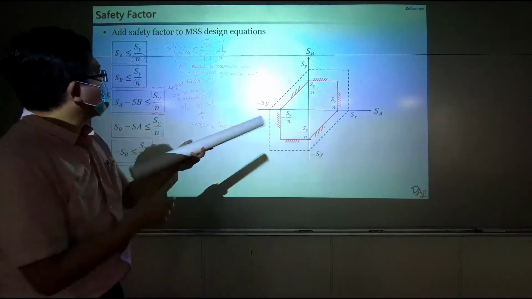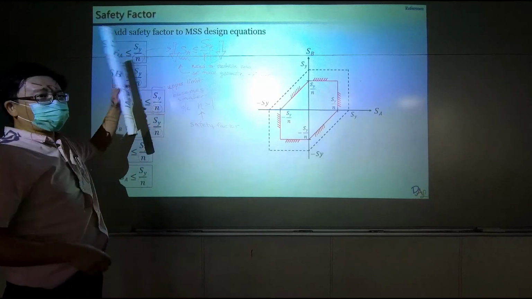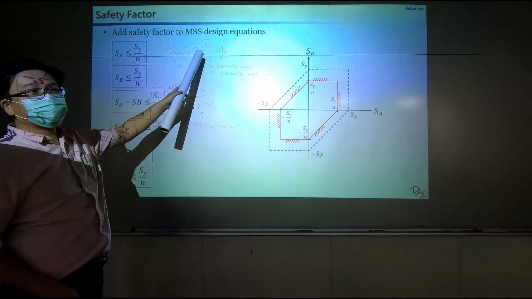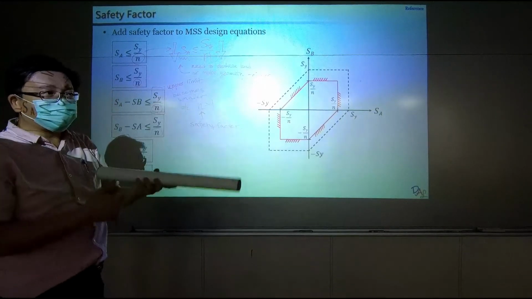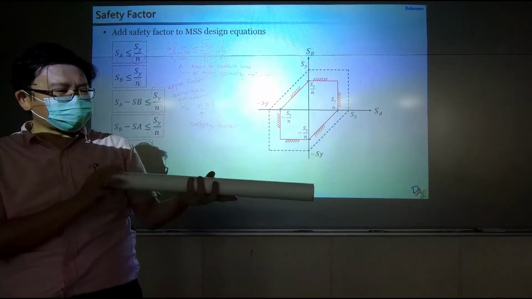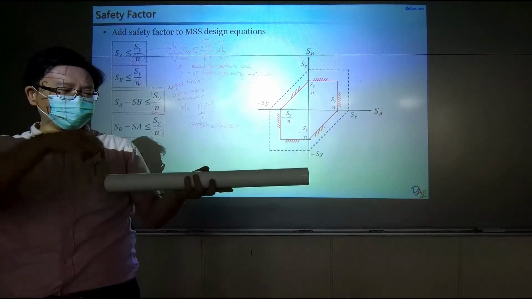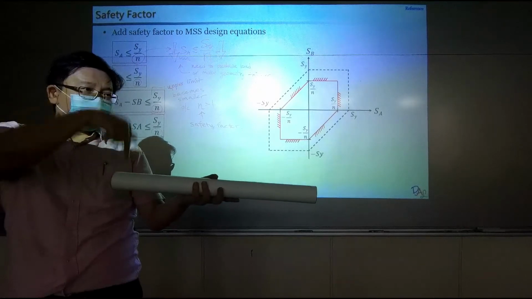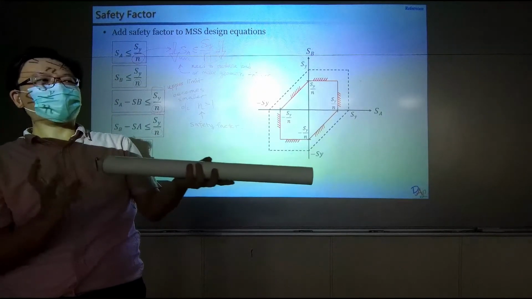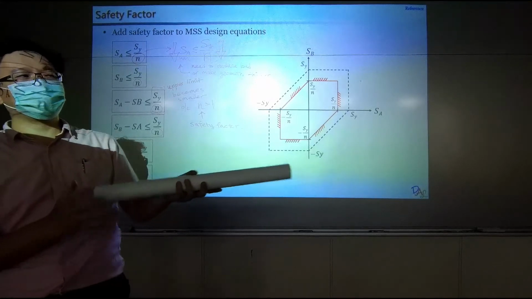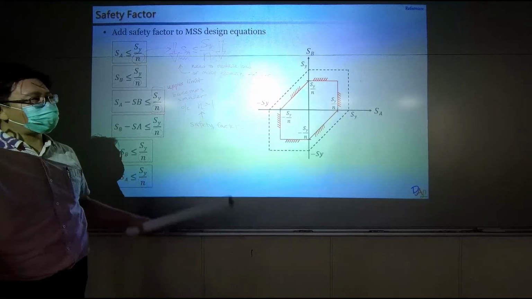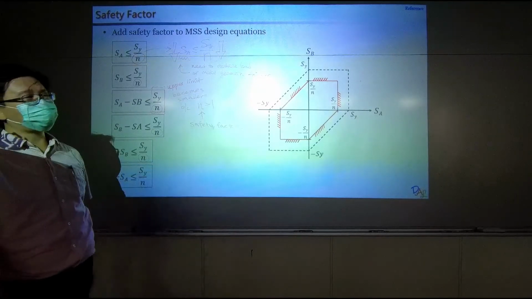If I have a design equation that is safer, when I put a safety number here, the limit becomes smaller. So the stress has to be smaller. If I want the stress of this cylinder to be smaller, I need to reduce the force. Or I make it thicker, stronger, bigger. So this is how you can have a safer design than the original.